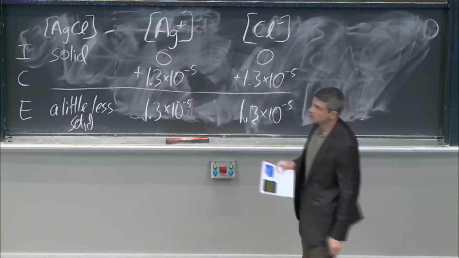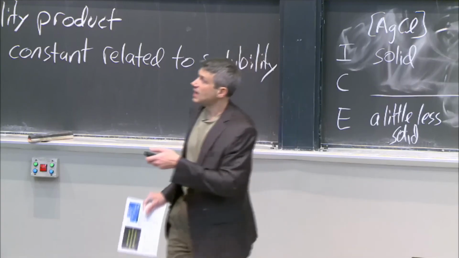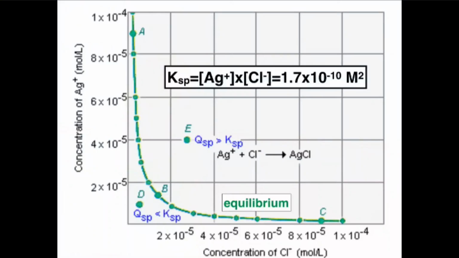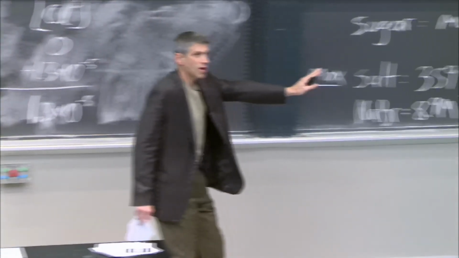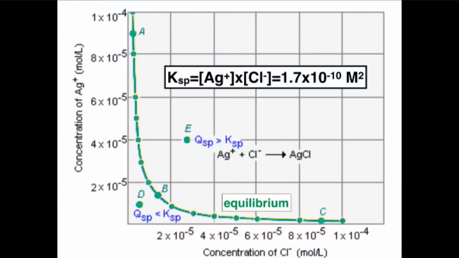Now, if you were a reaction happening and hadn't gotten to equilibrium yet, so I hadn't added much silver chloride, then you might be at point D. Notice that the reaction quotient, Q, is less than the equilibrium constant. Q is less. That means it's going to be driven to dissolve more than it precipitates until it gets to point B on this curve.